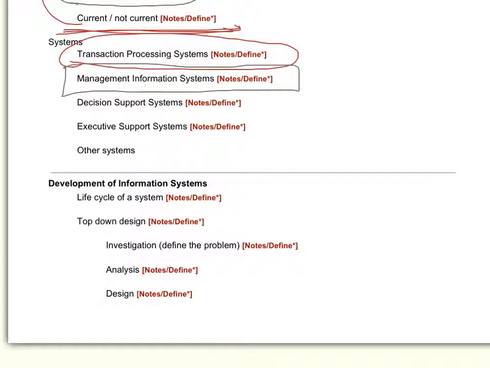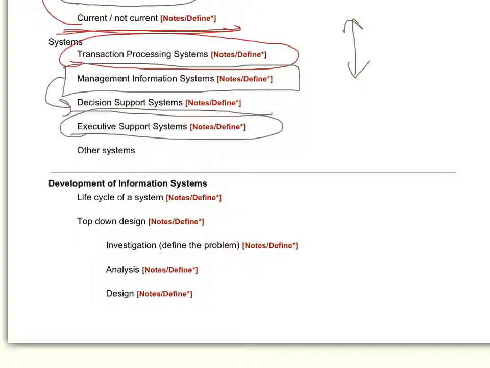That is a system that makes that all work. You know, what information is going to go to who. Within a Management Information System, there are systems that allow us just to support decisions, and there are some fancy systems that do executive support. And there are others. These are just some examples. Okay? So that is a review.